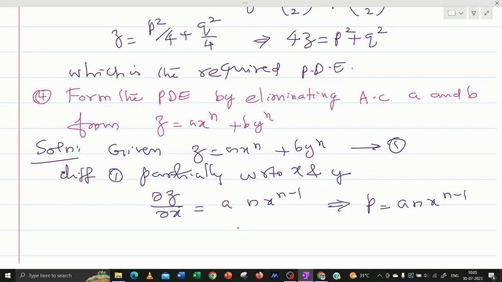If you differentiate with respect to y, you will get dou z by dou y equal to b into n into y power n minus 1. So which gives q equal to b n into y power n minus 1.